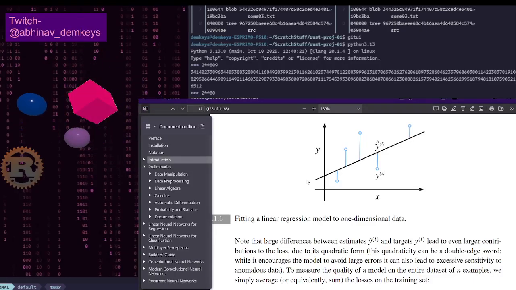Because this is a line, we can use the equation of a line, the function of a line. It's y equals mx plus b. So you would predict y by using m multiplied by x plus b.